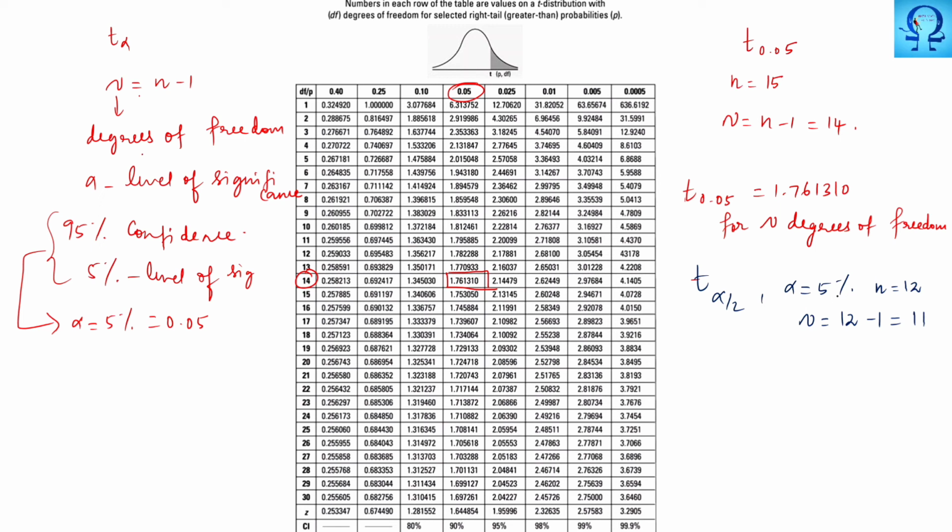Alpha is 5, but we are going to find alpha upon 2, which means 0.025, and that is over here. And nu is 11 now. So this is the value that we need. So t of 0.025 is 2.2099 for nu equals 11 degrees of freedom.